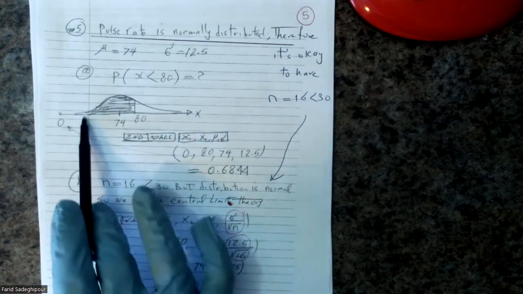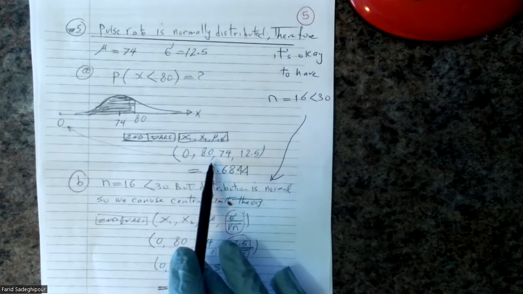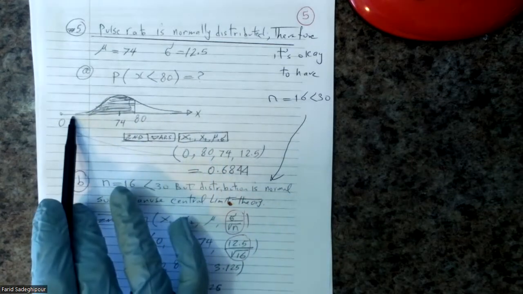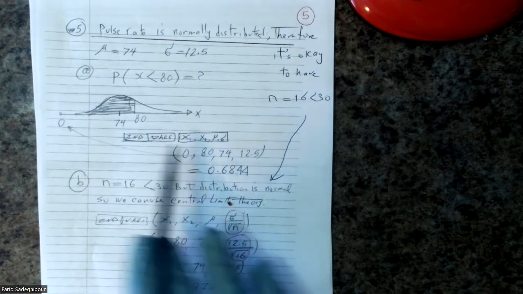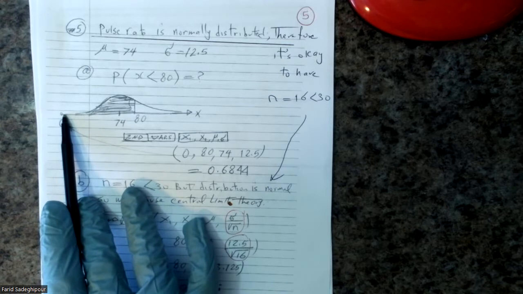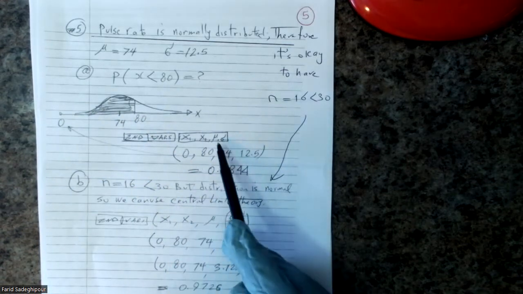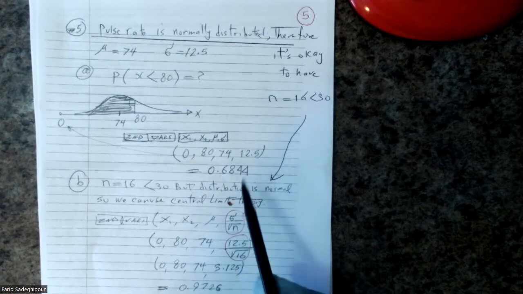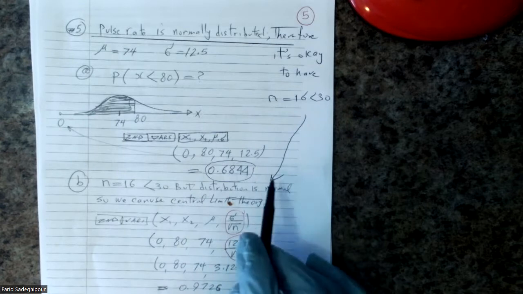The calculator needs both ends, X1 and X2. When you're dealing with X, the left end is always 0, and the other end is 80. And then the mean and standard deviation of the population are given. So that gives you the probability when you randomly select one.